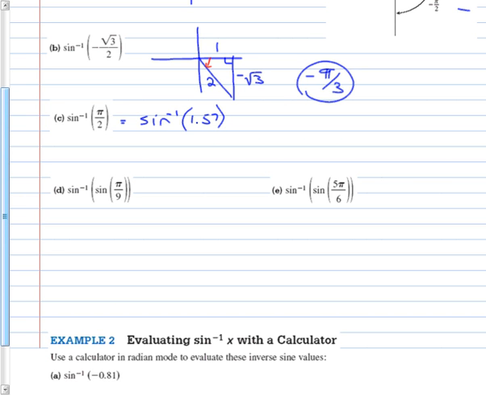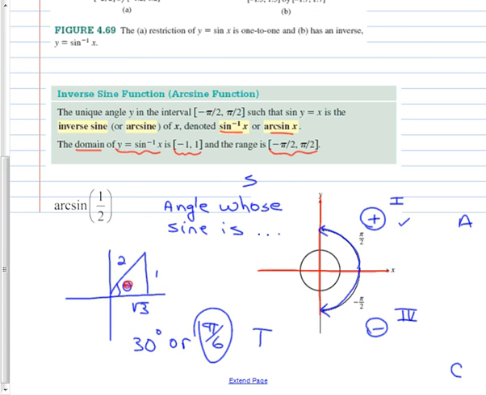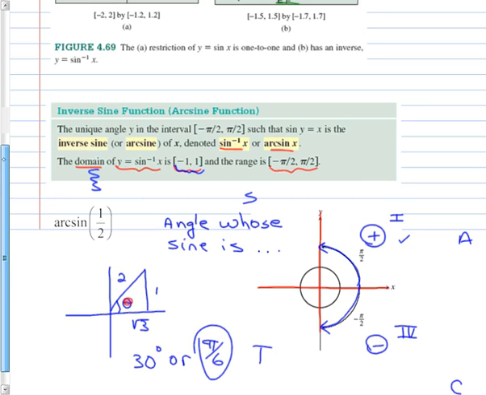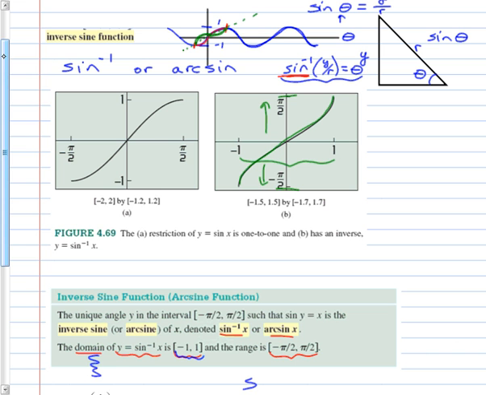Okay? Do you remember what I said the domain of inverse sine was? Between negative 1 and 1. Because when we did the original sine, we only get answers out between negative 1 and 1. So when I do inverse sine, I can only put in numbers between negative 1 and 1.